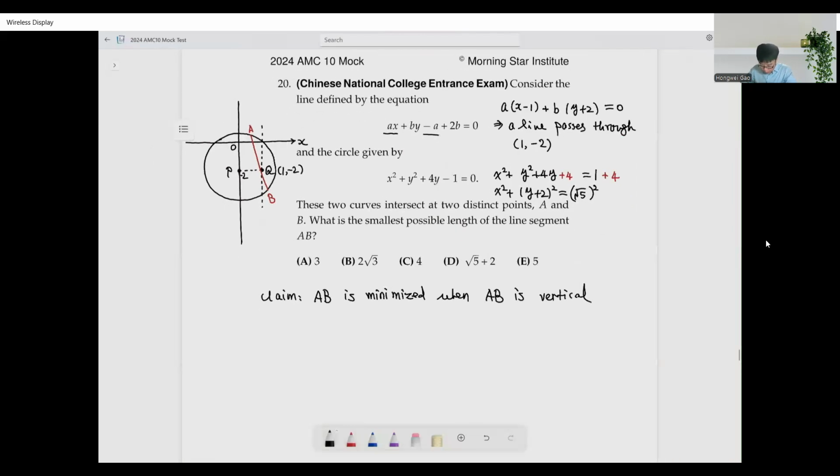So in general, let me draw a circle with center P, and we have a chord AB. Now, how to find the length of AB? We draw a line PH perpendicular to AB. Now we have right triangle PAH.